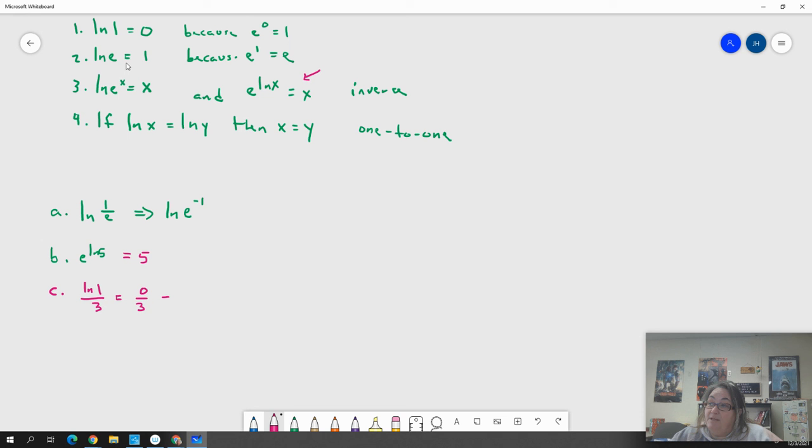What's 0 divided by 3? 0. That one makes sense? I like that one a little bit because you're kind of playing with it. You know that ln of 1 equals 0, so you could just substitute that 0 in, and then I've got 0 over 3, and I'm not dealing with logarithms anymore.